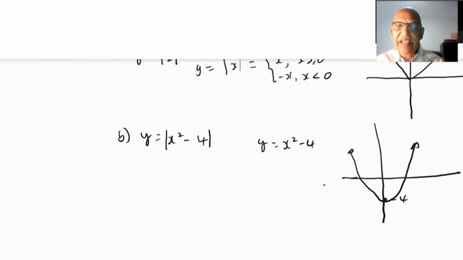So when I have y equal to absolute value of x squared minus 4, what does it mean? So this is without absolute value. If I have it with absolute value, it means only the positive values. Only the positive values means I have this, but I cannot have this. What happens to this one here?